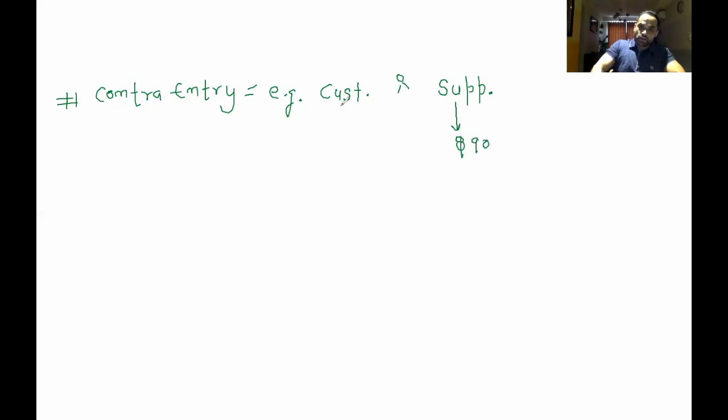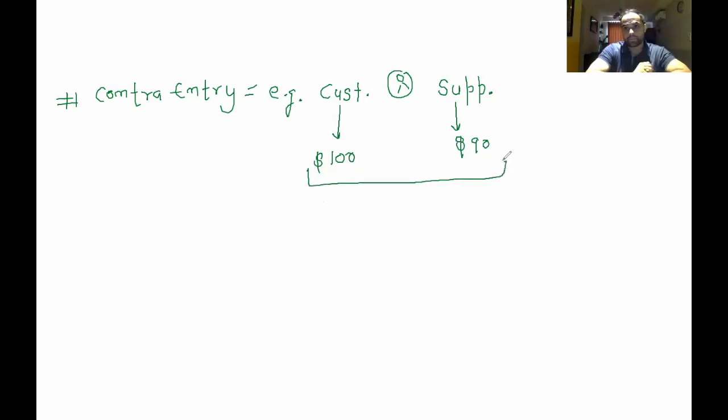And later we sold product on credit to the same party, who became a customer, for $100. So instead of paying $90 and receiving $100, we receive only $10. This is called a contra entry.